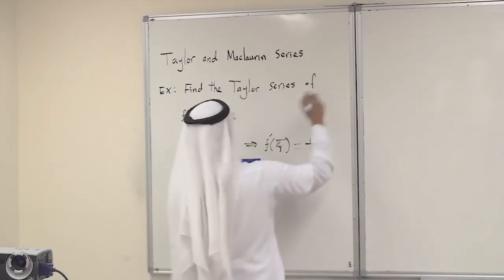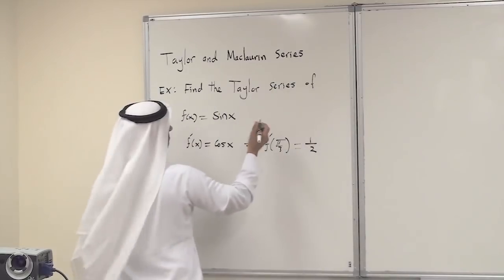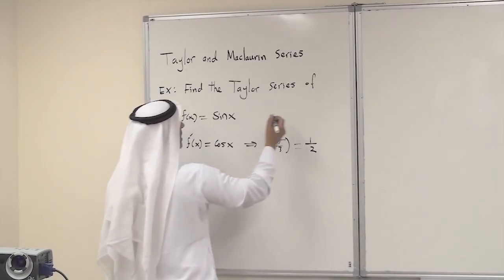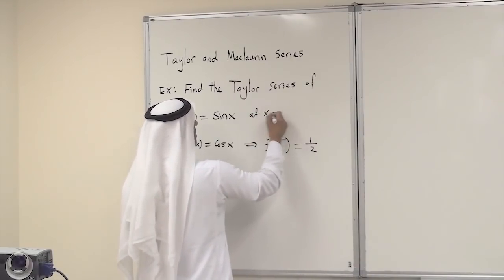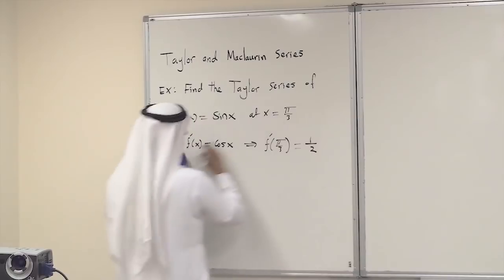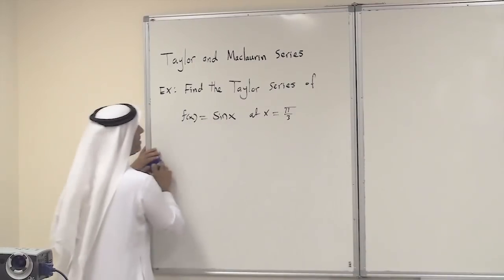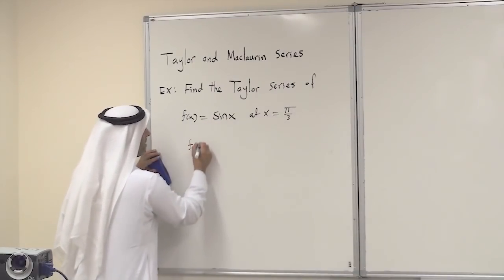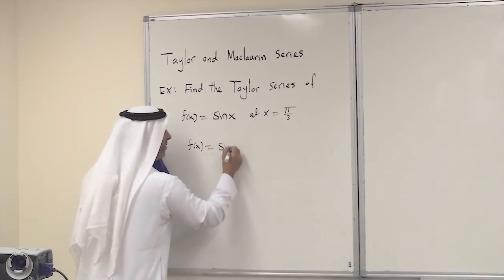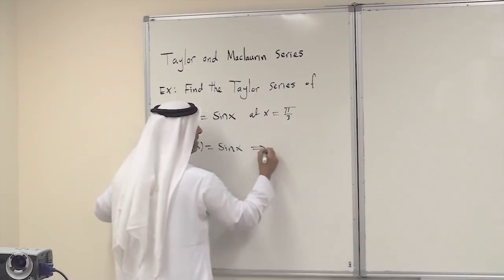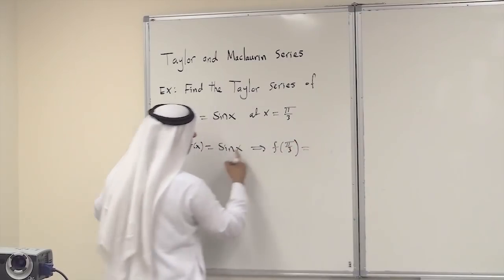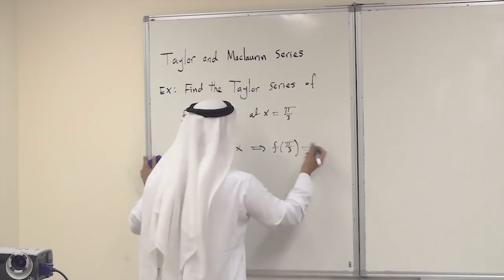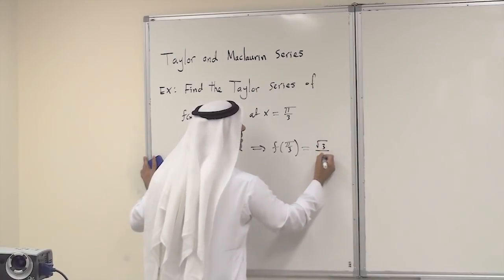I will evaluate this function at x equal to pi over 3. I need to add this line because we need to evaluate the function at pi over 3. So this is f of pi over 3, and this is equal to sine pi over 3, which is just radical 3 over 2.